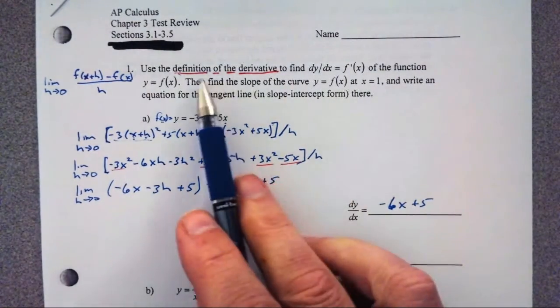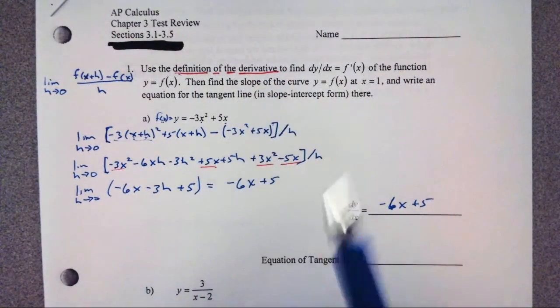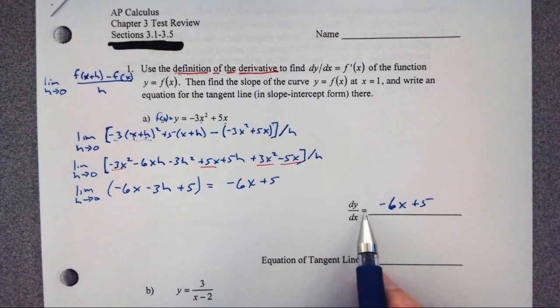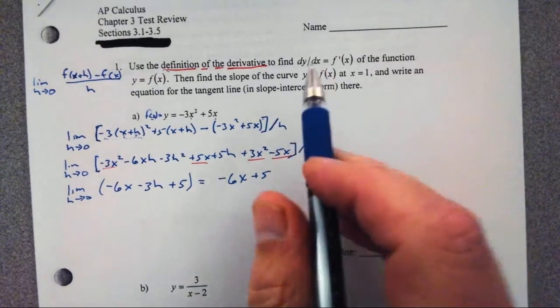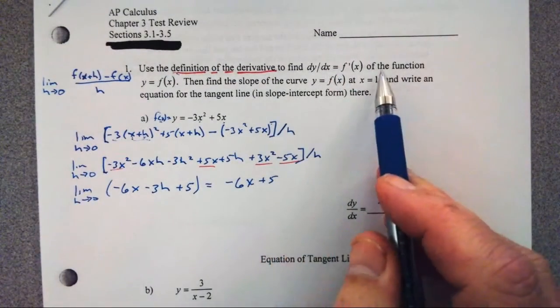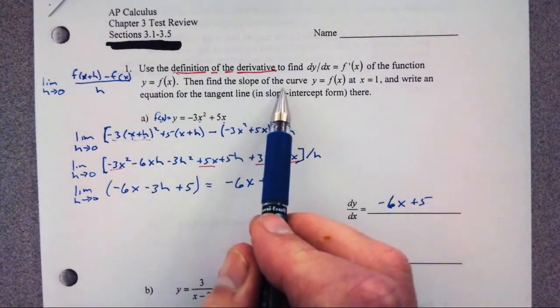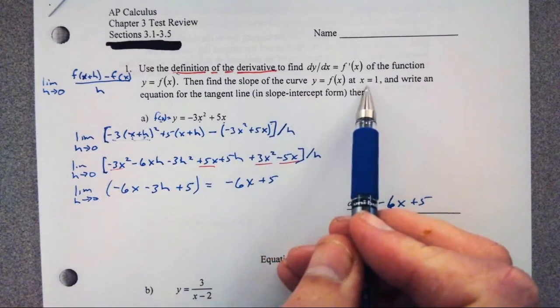So, got another line down here. Let's take a look. Use the definition of derivative to find dy/dx, and they were kind enough here to put dy/dx equals, but had they not put that there, we should include that as our answer because it's asking for it. Of the function y equals f of x. Then find the slope of the curve when x equals 1.